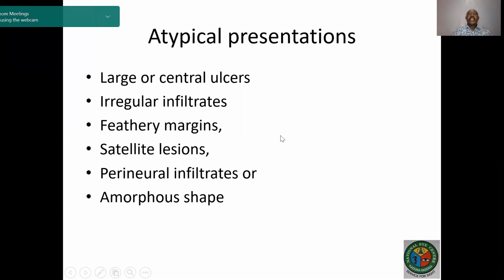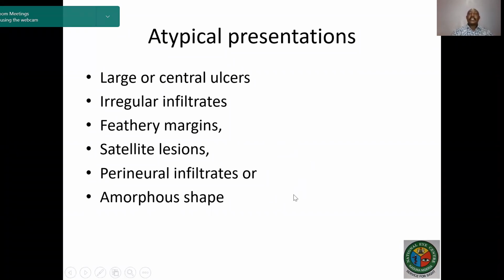Feathery margins have also been seen in some other disease conditions other than fungi. Pseudomonas can also present with that. Acanthamoeba can also present with that. So whenever you see some of these features, they may create a puzzling question as to the causative agent.